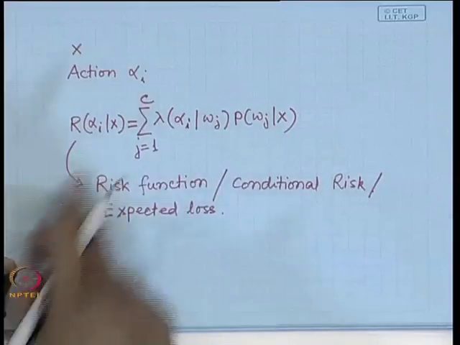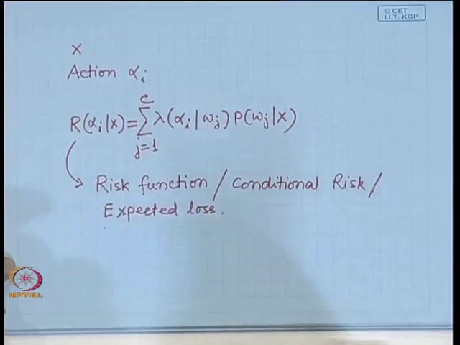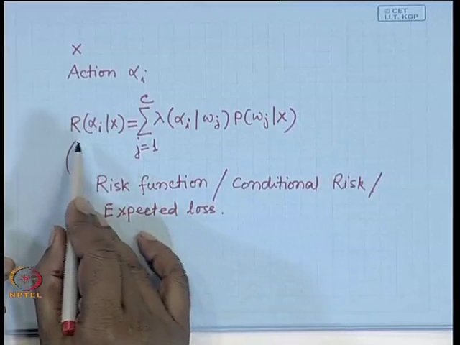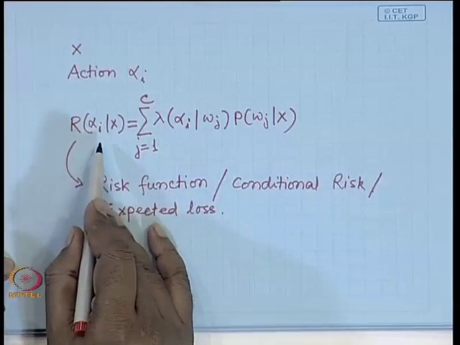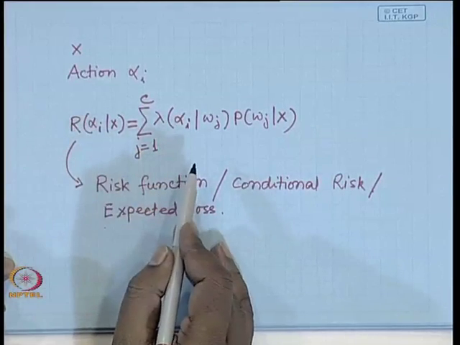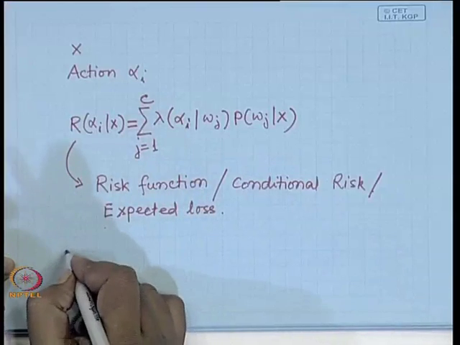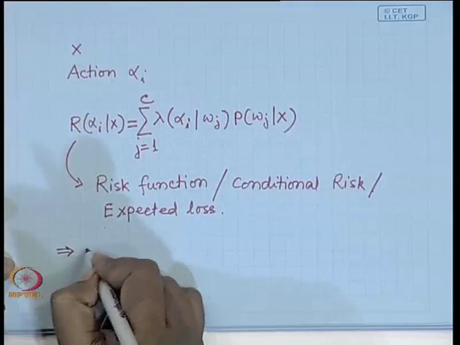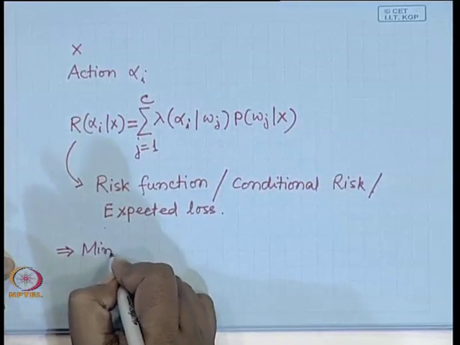Similarly, if I decide in favor of omega 2, my error is p(omega 1 | x), which is minimum in that case. In the generalized case, I have to take that action alpha i for which this risk r(alpha i | x) is minimum. Accordingly, this is also called a minimum risk classifier.